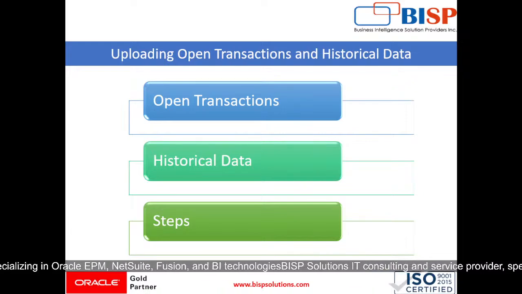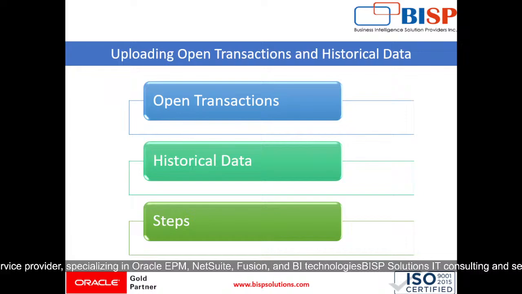For example, open sales orders, purchase orders, and unpaid invoices. For this, we export open transactions from QuickBooks, ensure they are in the correct format for NetSuite, and upload them into NetSuite using the appropriate import templates for each transaction type.